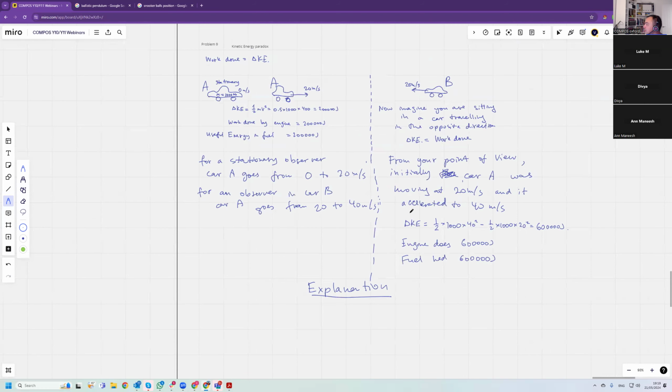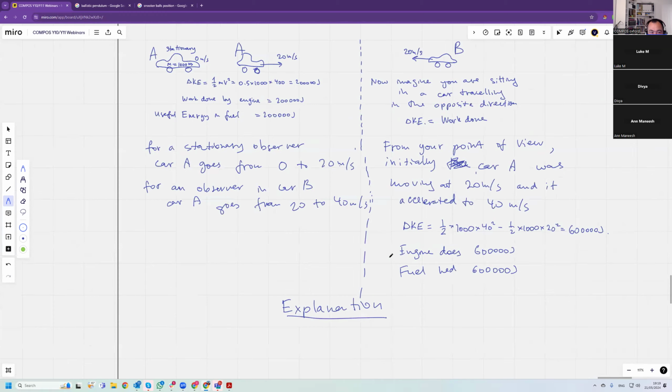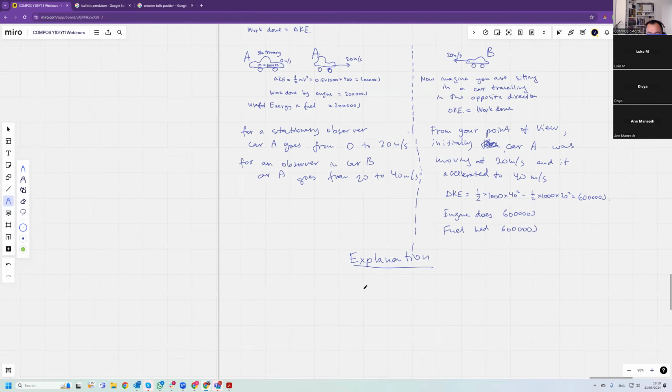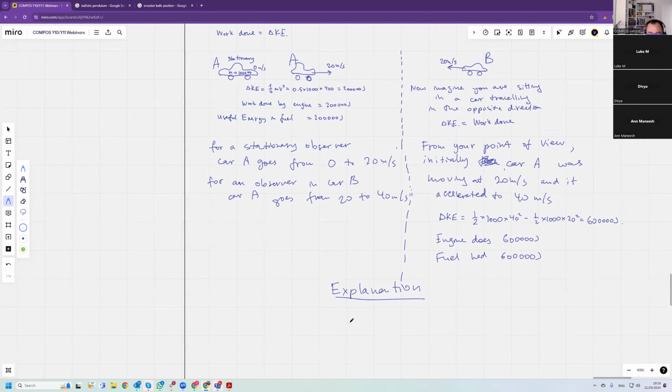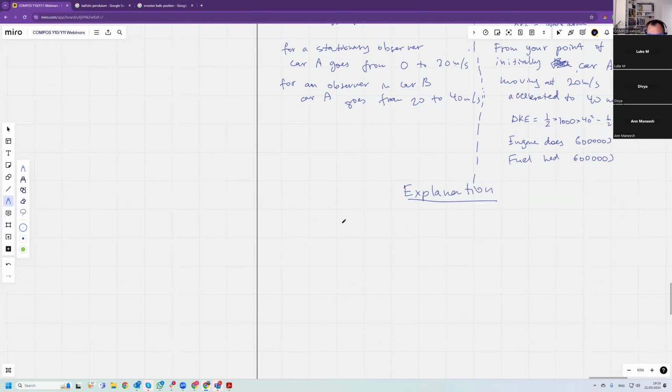Because you cannot take a car, it's not a car in a vacuum. This car A is on the ground, and the ground is on the planet Earth. So this is Earth.